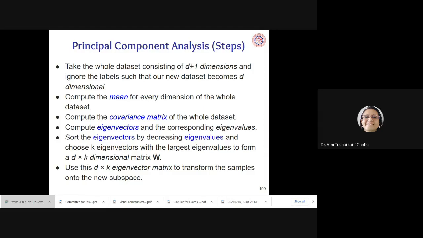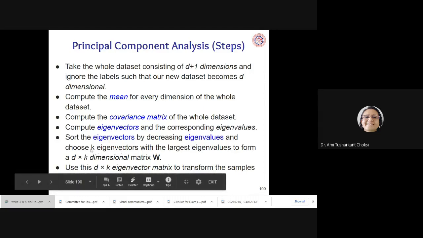Sort the eigenvectors by decreasing eigenvalues, right? So what do we say is this D cross K. K is eigenvectors, fine. So D cross K dimensional matrix, that is W. What we do with this? Use this D cross K eigenvector matrix to transform the samples, fine.